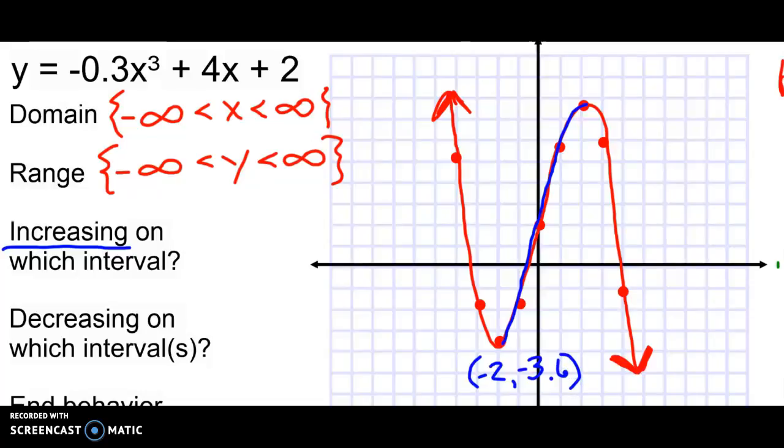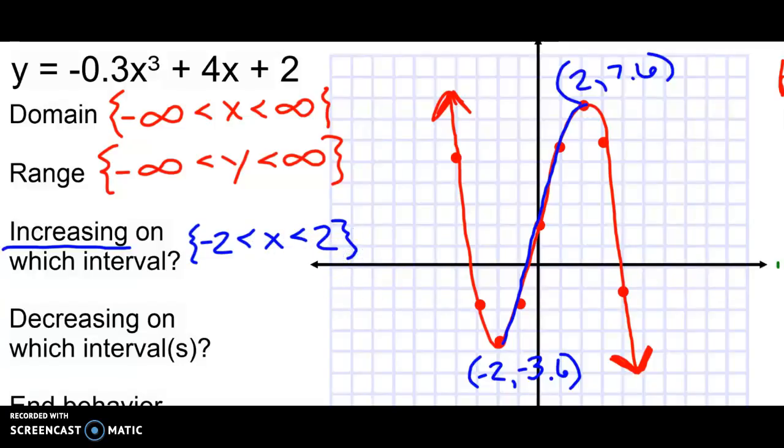No one cares about the y value. And then this next point is +2. And what's the y value there? 7.6. I'm looking at my table again on my graphing calculator. So we only care about the x interval, or the x values. So it's increasing from -2 to +2.